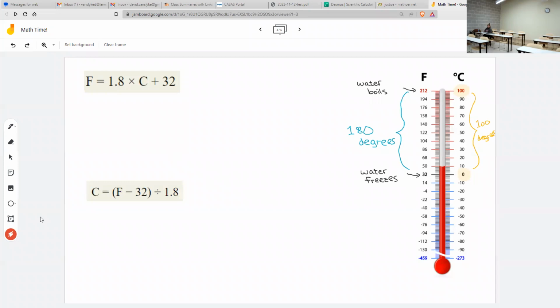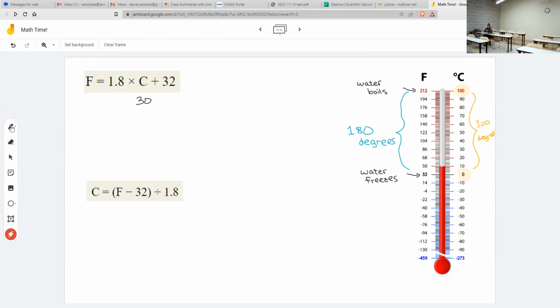The Fahrenheit formula says if I know what the Celsius is, let's plug it in. So let's use that 30 that I had marked a moment ago. So I'm going to plug in the 30. What's happening first with order of operations? Multiply or addition? Multiply, right? This is one term, and that's another term.